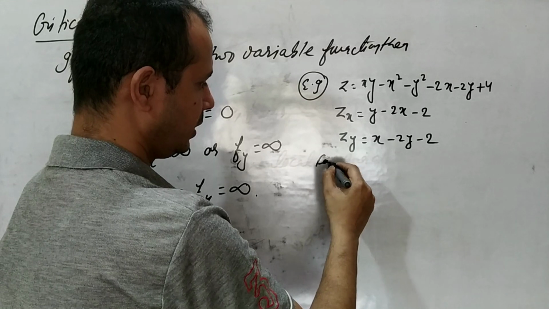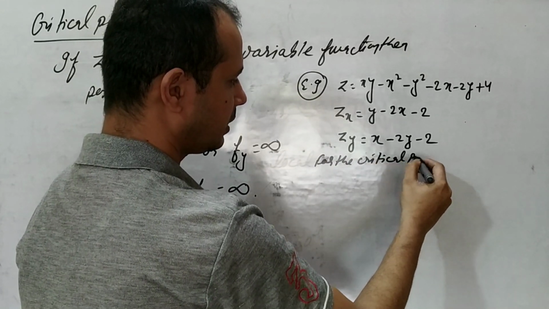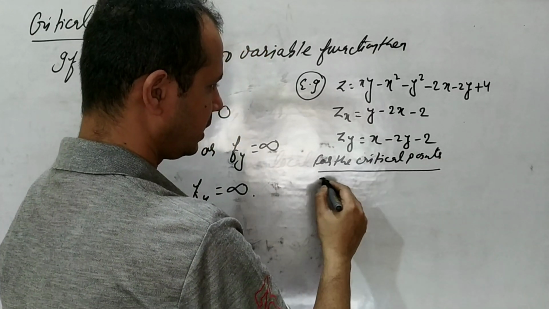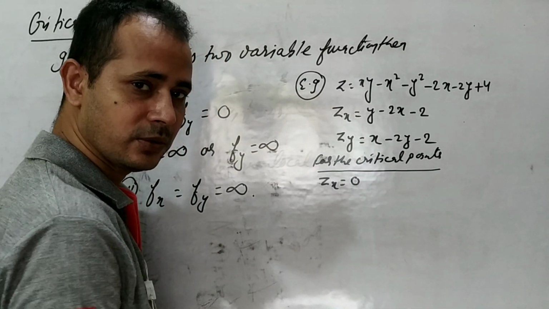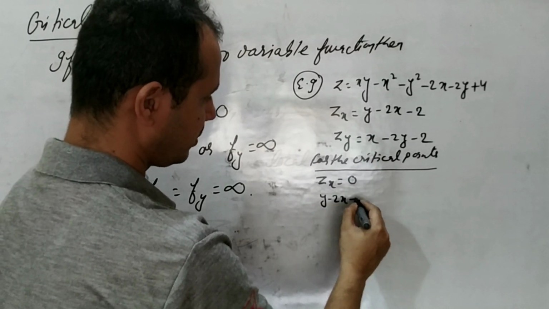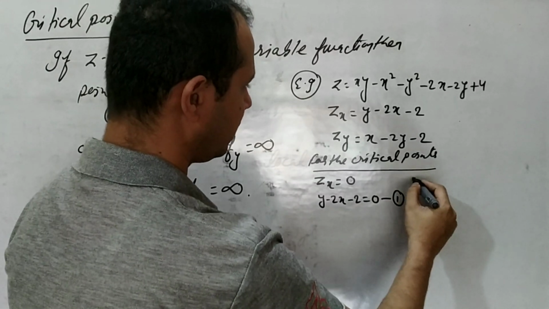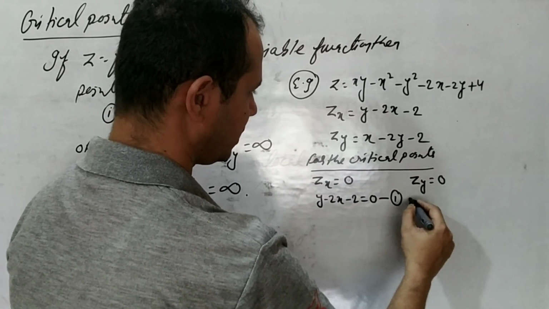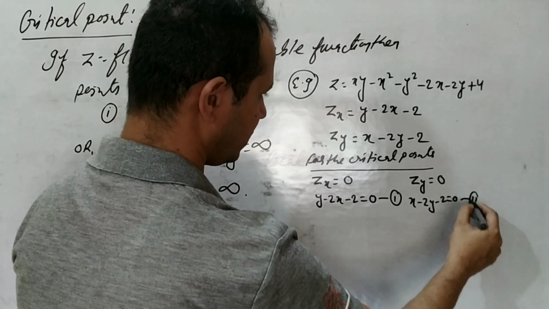For the critical point, we need to write z sub x equal to 0, which gives us y minus 2x minus 2 equal to 0, equation 1, and again z sub y equal to 0, which gives us x minus 2y minus 2 equal to 0, equation 2.